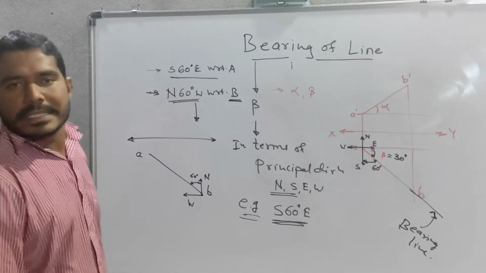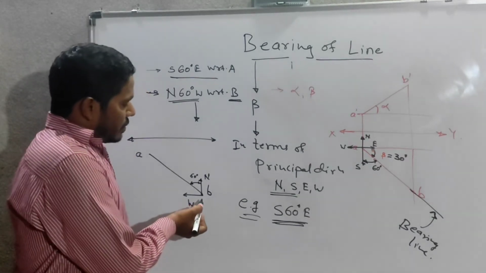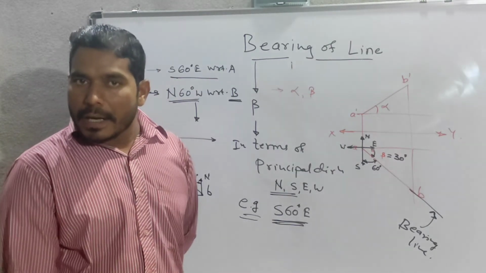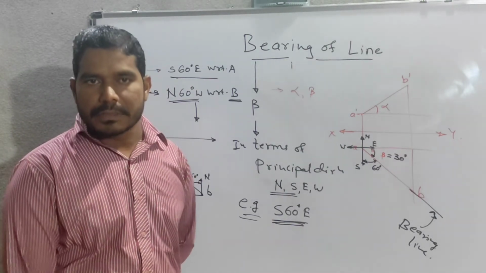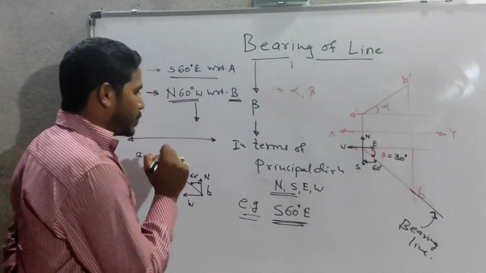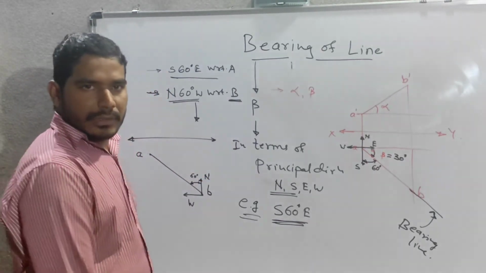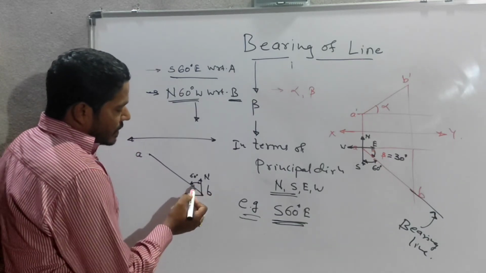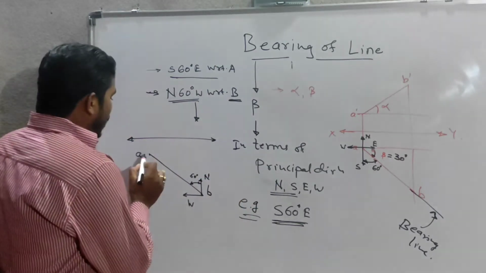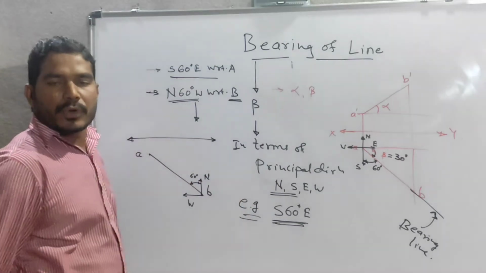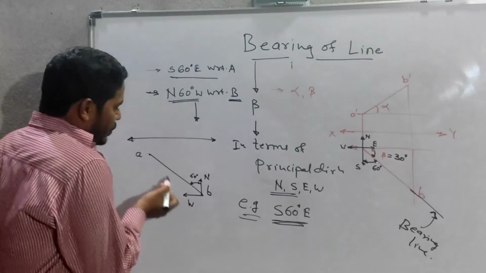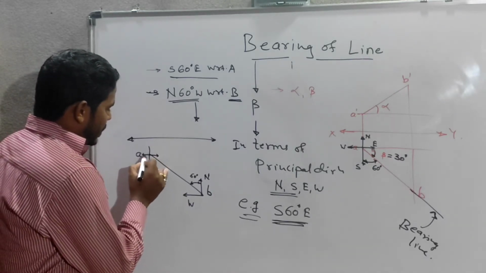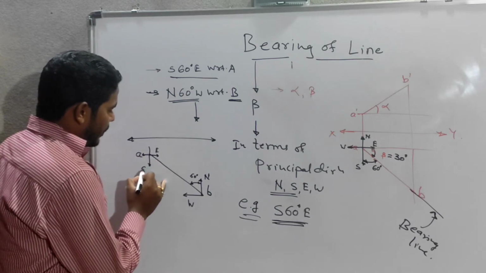So at this time, we need to convert this bearing with respect to the point A. And how we can convert it, that we will check here. With respect to B it is north 60-degree west, then how will it be with respect to the point A? We can see it directly, because I will make the directions here. This will be the east, this will be the south.